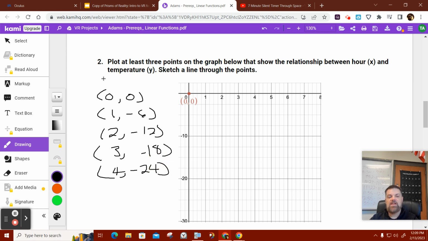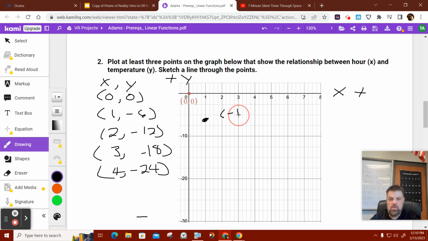Do you guys remember how to plot and graph points on the graph? Remember, the x-axis goes left to right. The y-axis goes up or down. If it's a negative number on the y, you go down, right? Going up is a positive y value, and all of our x's are positive, so we go to the right. So the first point, 1, negative 6, goes about right here. Just make a big dot there.